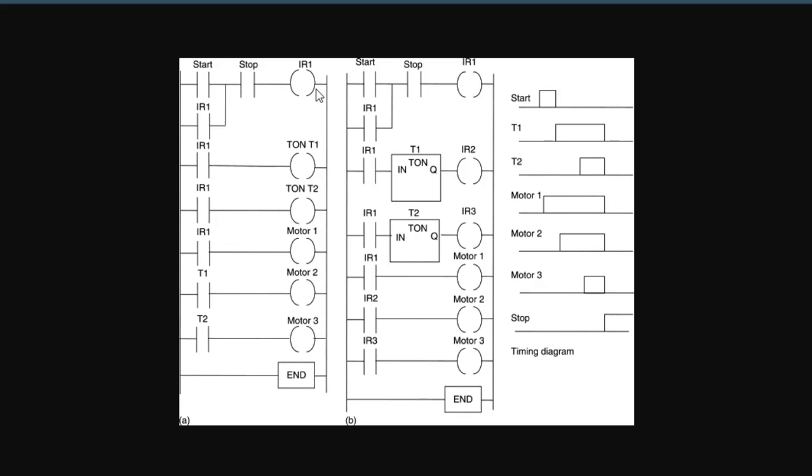So IR1 over here is just an intermediate output which is being used in our system to run it properly and smoothly.